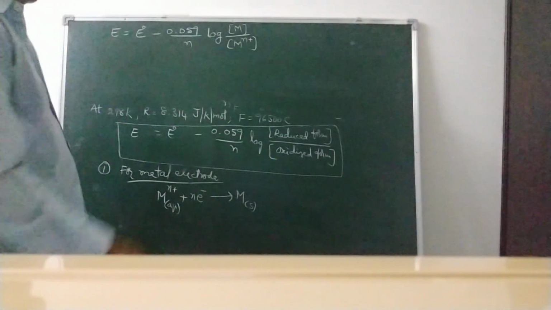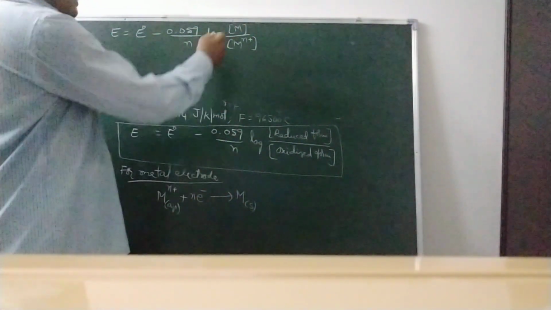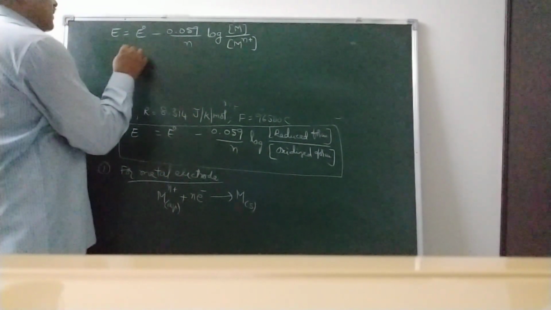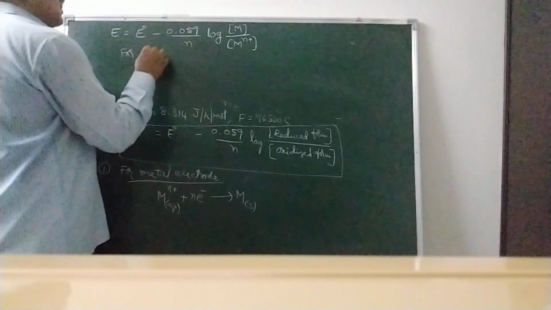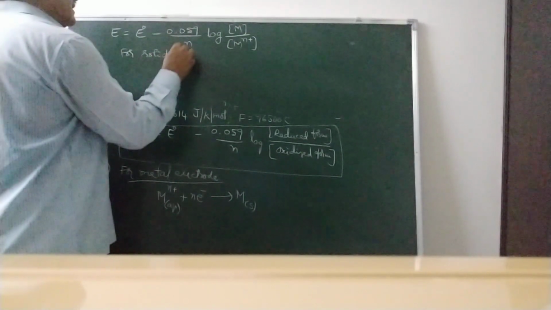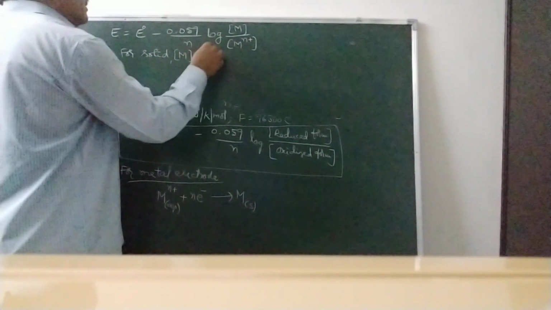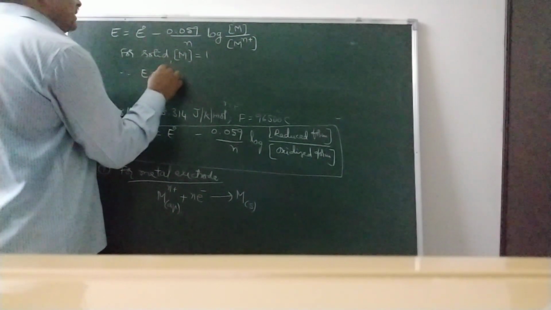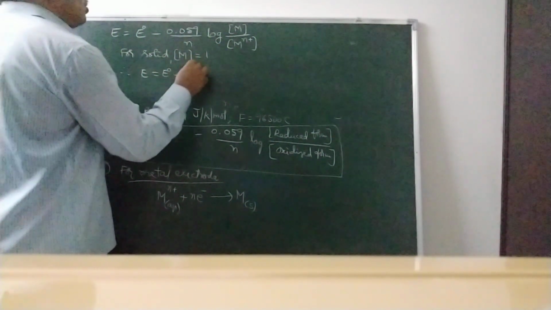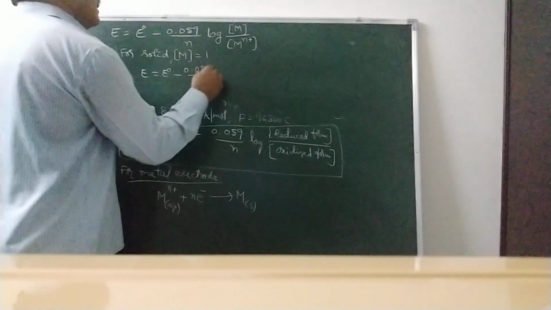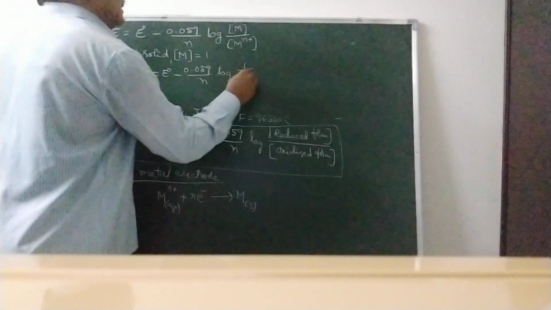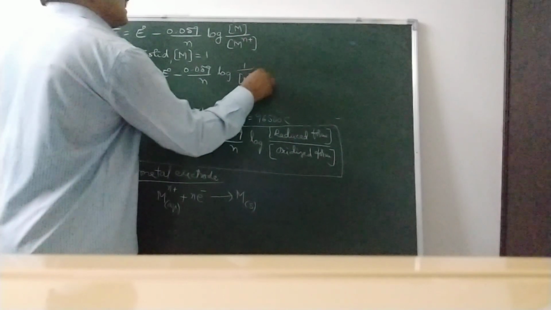We know that for a solid, the concentration of M is taken as 1. Therefore, E is equal to E naught minus 0.059 by n into log 1 by Mn+.